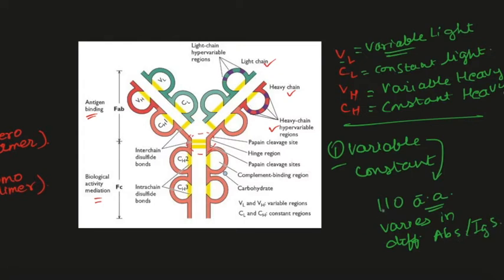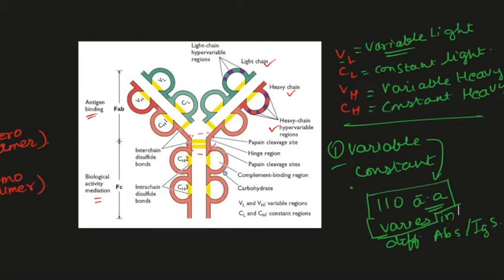The variable region represents the presence of these 110 amino acids, which change in different types of antibodies.